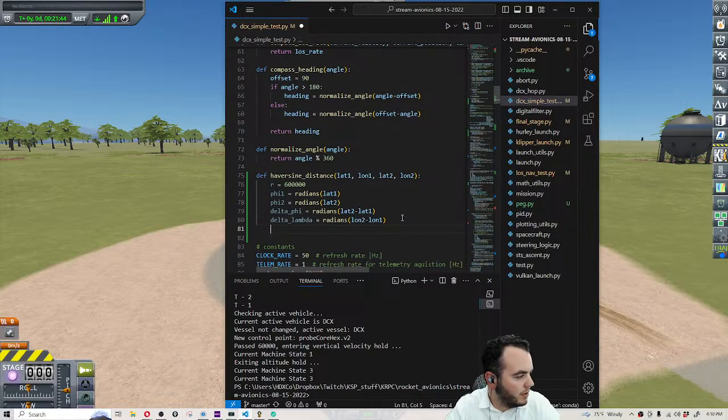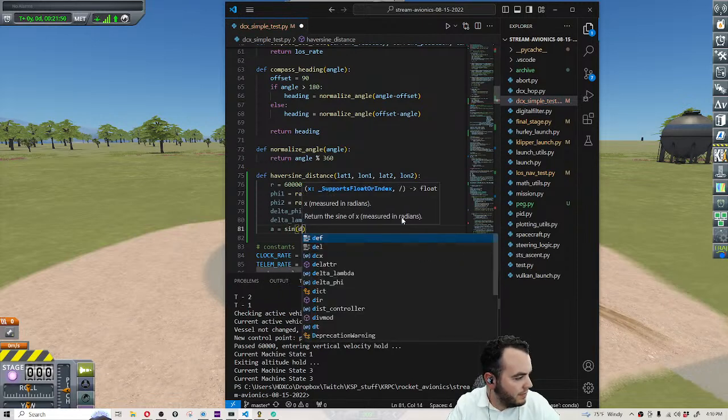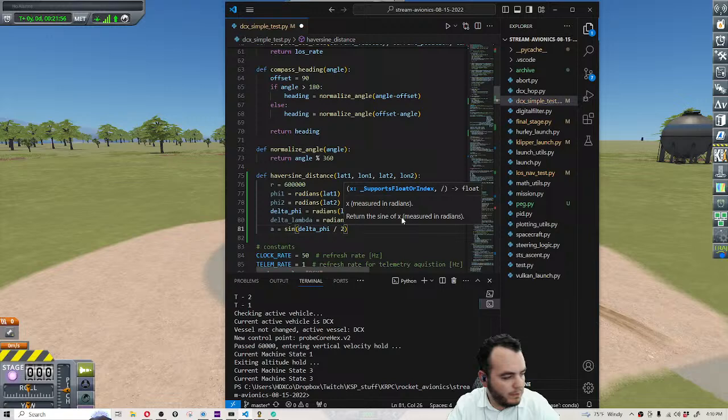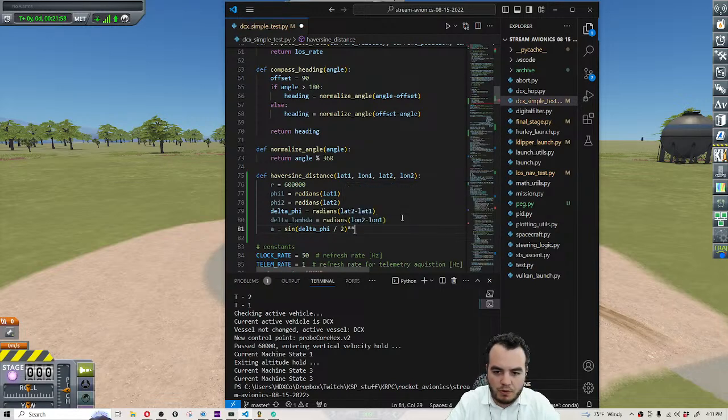So then we need to calculate our A, and so A is going to equal sine of our delta phi divided by 2, all to the power of 2.